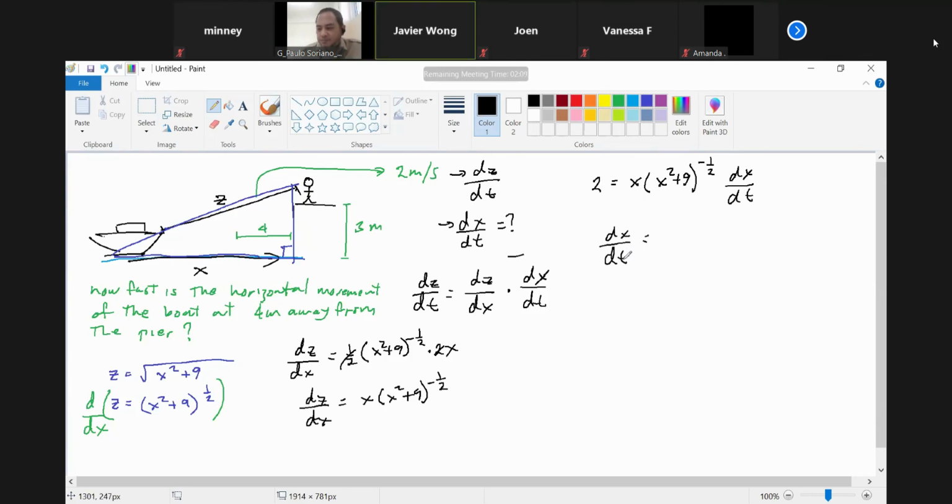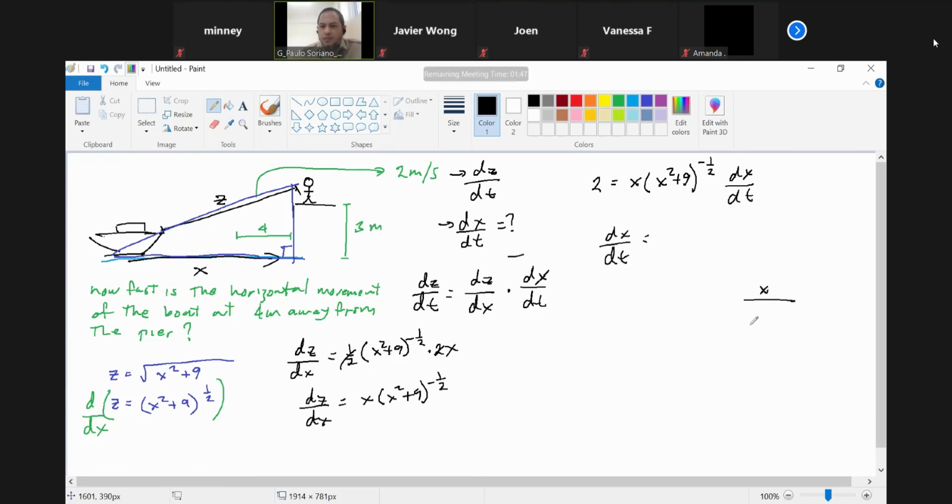So that is 2 times the square root of x squared plus 9, over x.